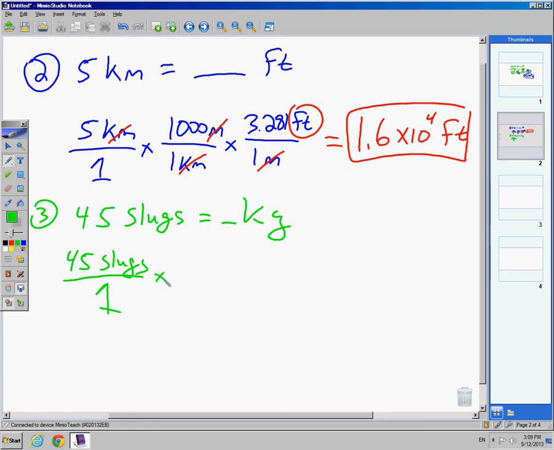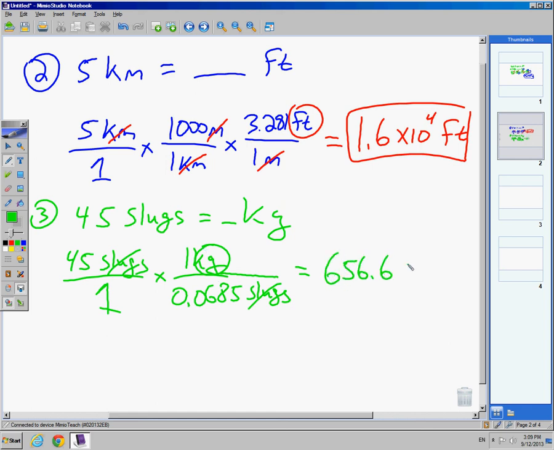I know that 1 kilogram, according to my conversion sheet, is equal to 0.0685 slugs. If I do that math, I cross off my slugs, I'm left with kilograms. I know now I have approximately 656.6, sorry, kilograms. All right, and again, that was a very quick conversion.